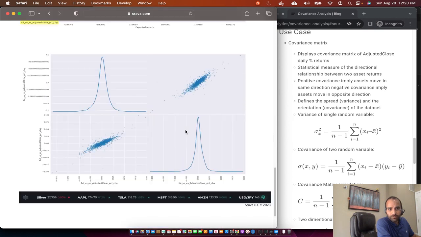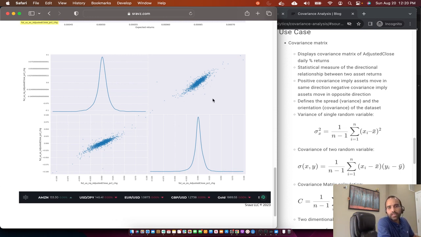If you go to the plot between those two, this is NASDAQ 100, S&P 500. The covariance is positive. They go in the same direction. When S&P goes in this direction and NASDAQ goes upward in this direction, the line is almost 45 degrees.